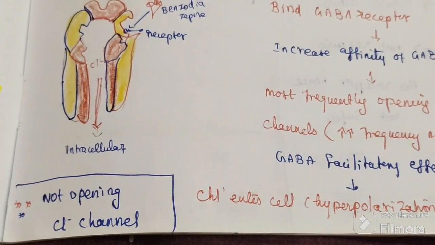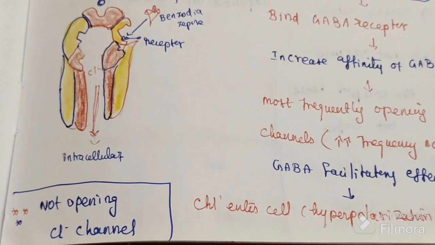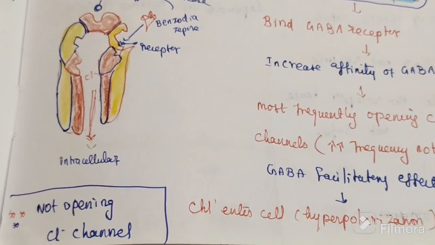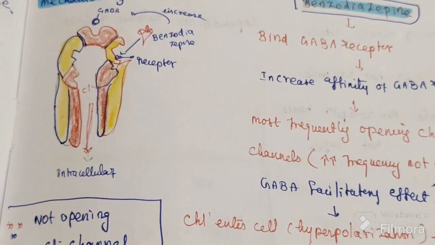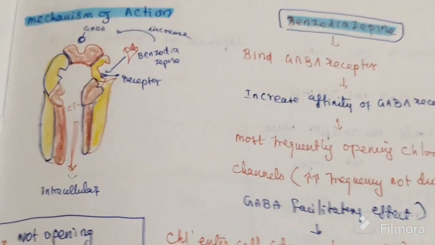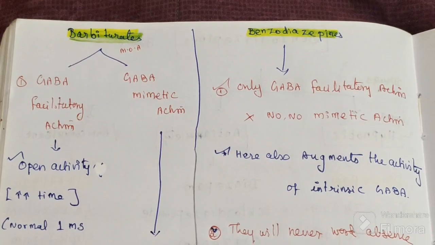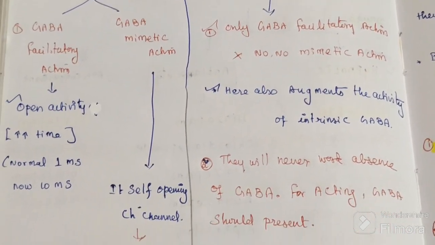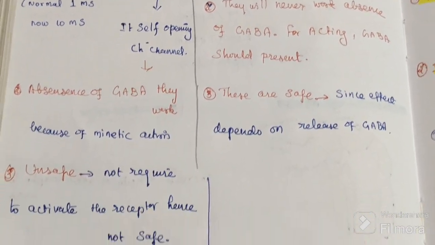It does not open the chloride channel by itself, just increases affinity; only with the help of GABA does it open the chloride channel. These are the major differences between barbiturates and these drugs.